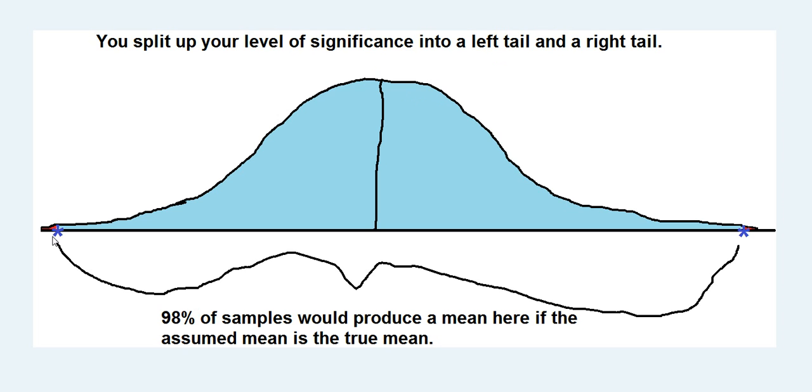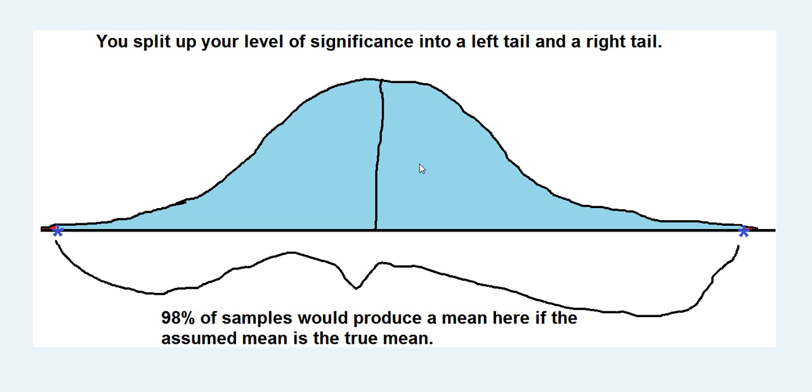On the left, this critical value separates the bottom 1%, and this critical value on the right separates the top 1%. And you say if I take a sample, I calculate the mean, and it falls in this blue area, that's the middle 98% of the bell curve, then you're going to leave it as is.